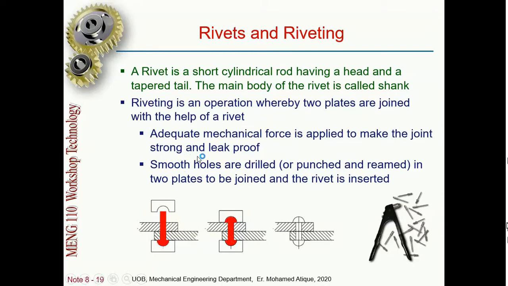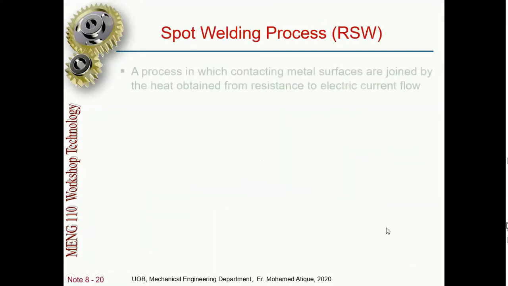Adequate mechanical force is applied to make the joint strong and leak proof, and smooth holes are drilled. First thing, there should be two smooth holes. We can make them by drilling, punching, reaming, and then we will insert the rivet and apply mechanical force from the other end. This is a rivet machine, which is used to press the rivet. Then this was a permanent process with mechanical origin.